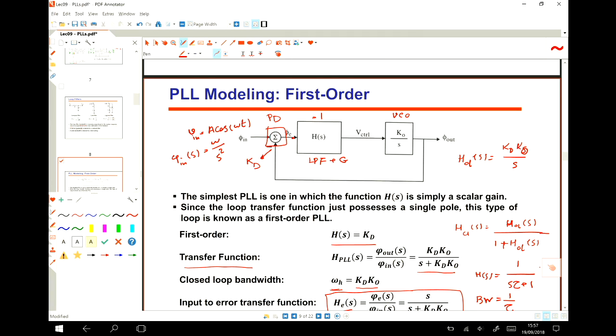Okay, so the phi in is this one, if we have a simple sinus, the simplest that we can assume.